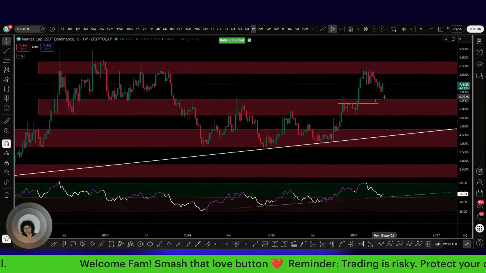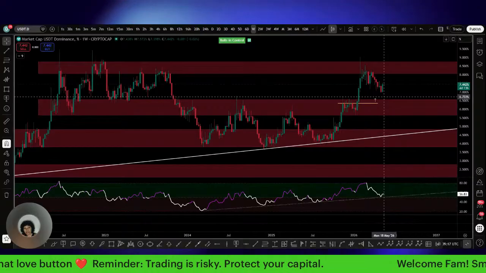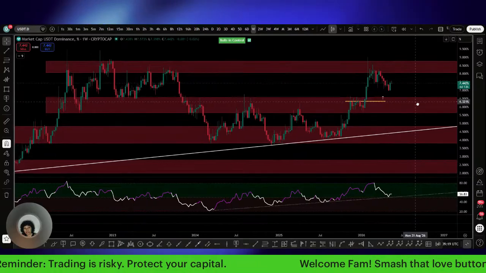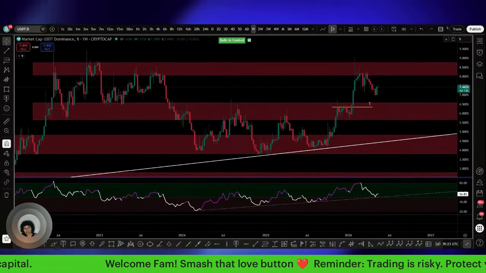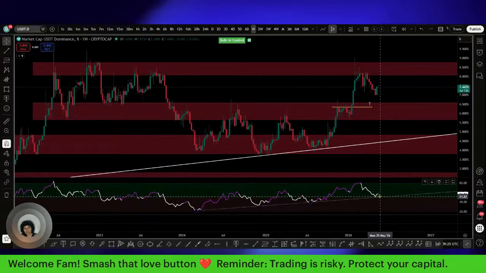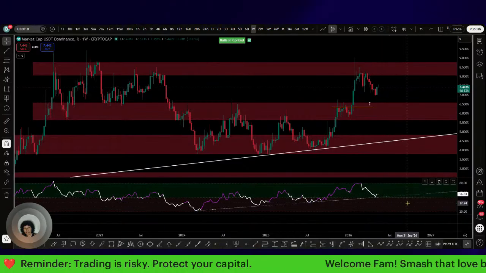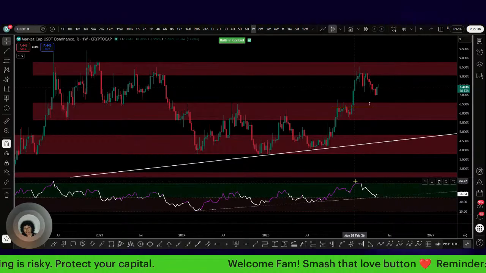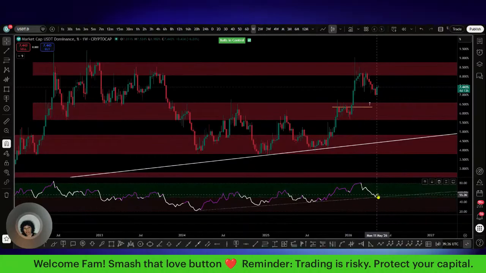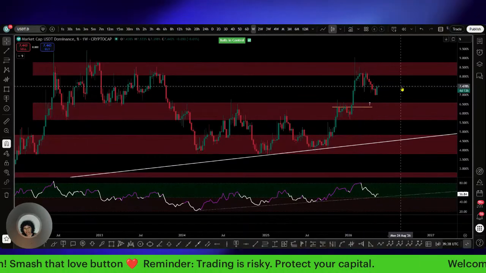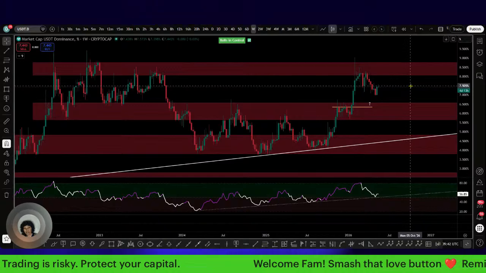I'm most certainly hoping that we do, because otherwise we're going to be in price discovery. But at some point you will be looking for this thing to roll over.